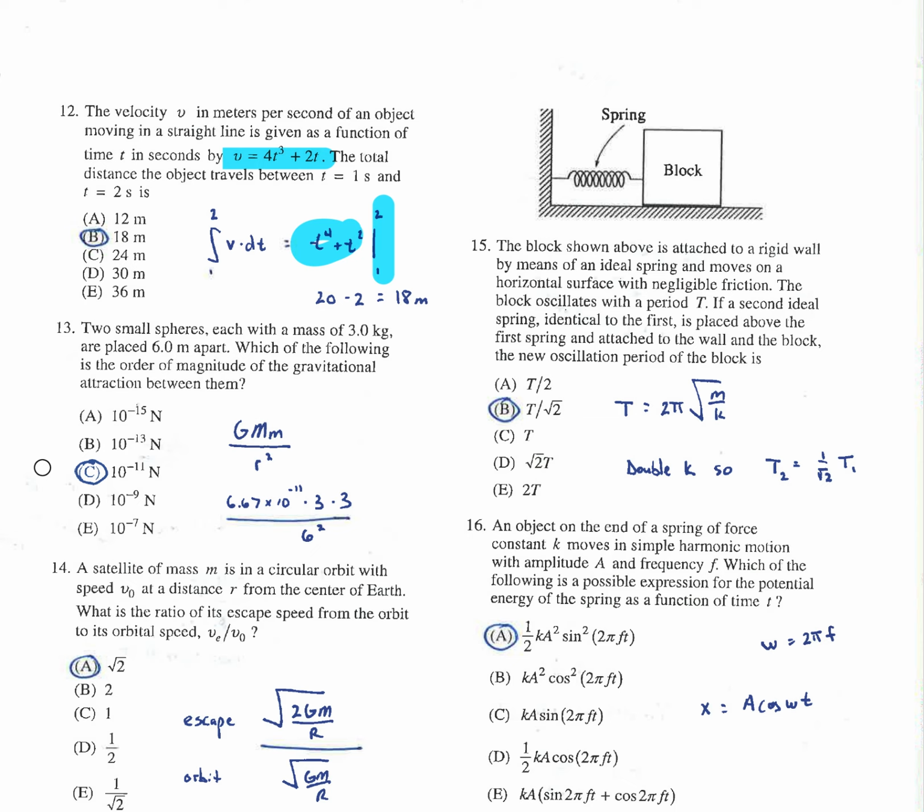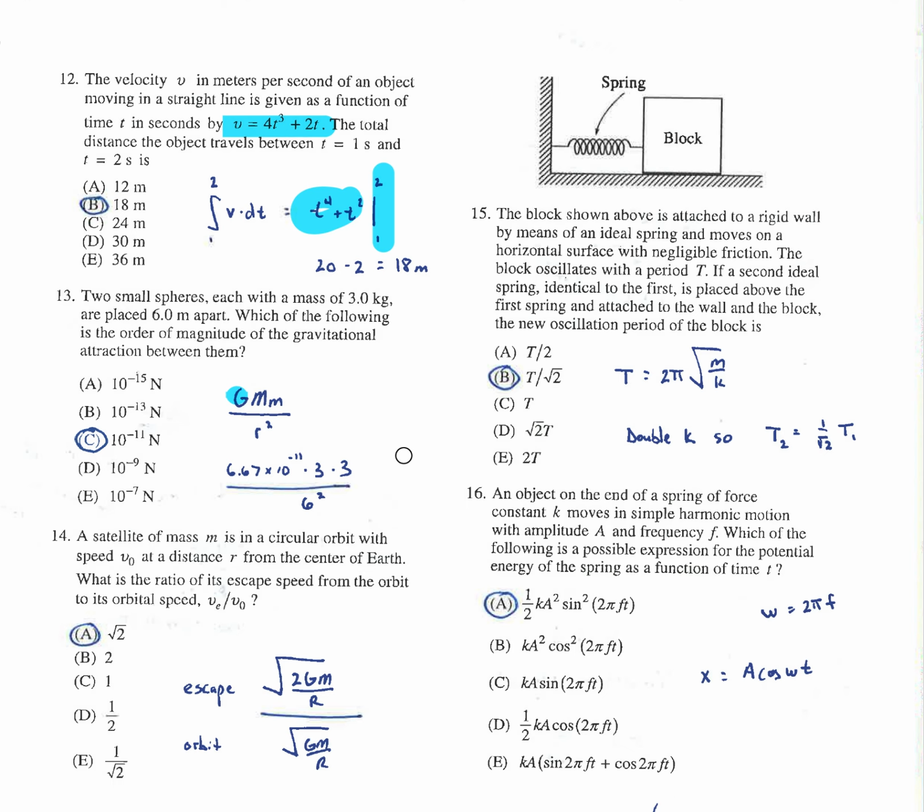We're looking at the gravitational attraction of two masses. They each have a mass of 3. They're 6 apart, so it's Gmm over r squared. Remember, G is 6.67 times 10 to the negative 11th. This question actually won't be asked anymore. This was something they made you do without a calculator, so you just had to do this order of magnitude.